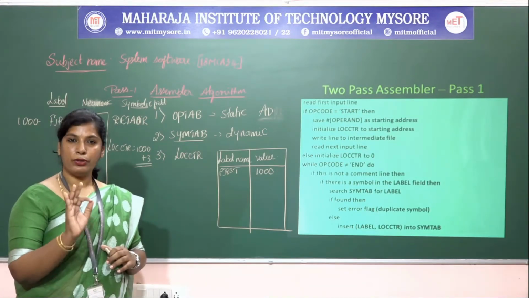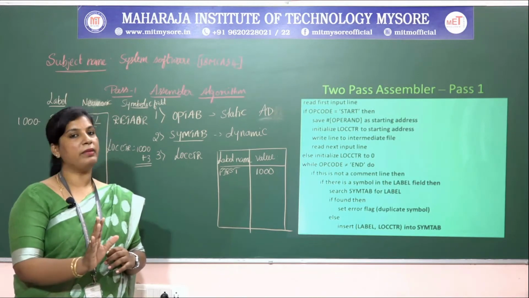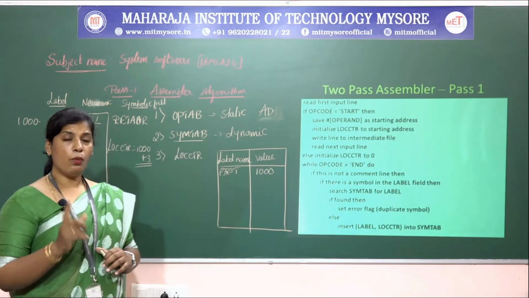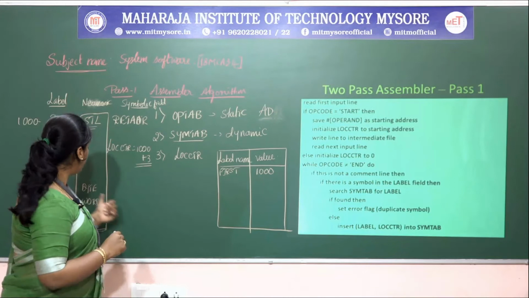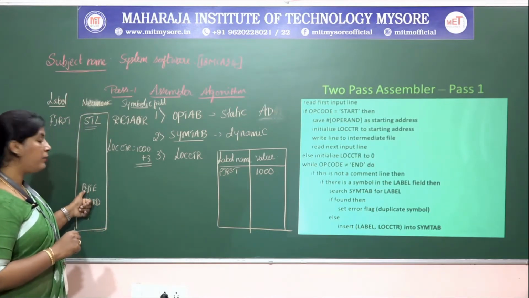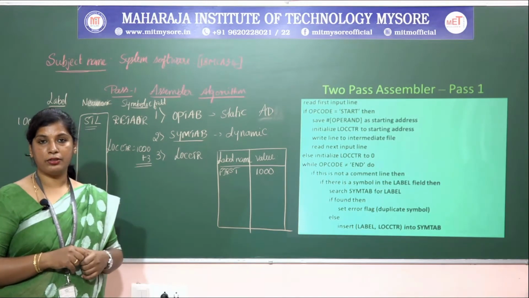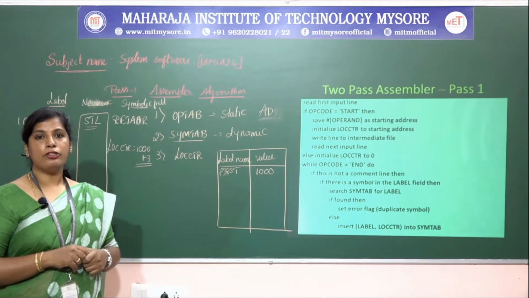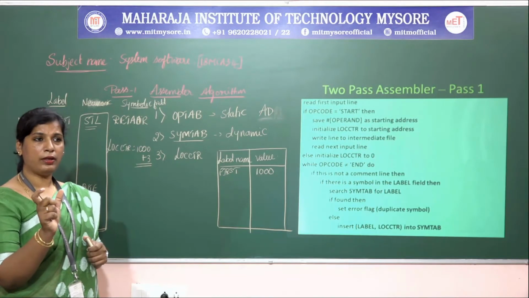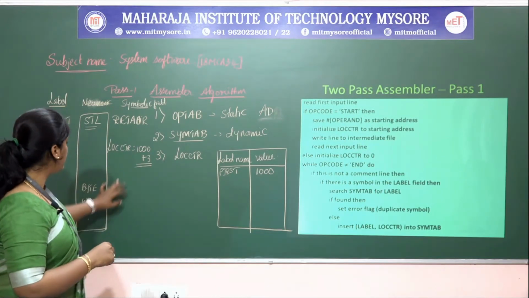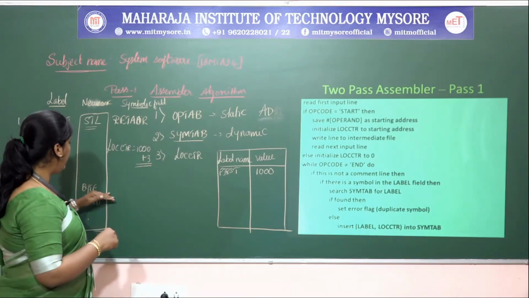So it verifies whether it is a valid assembler directive or not. First, if it is BYTE, it means it is a character or string, a character array we can say. So it observes the value present in the mnemonic field and how many bytes are needed.